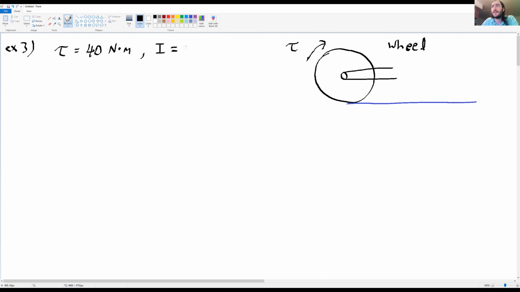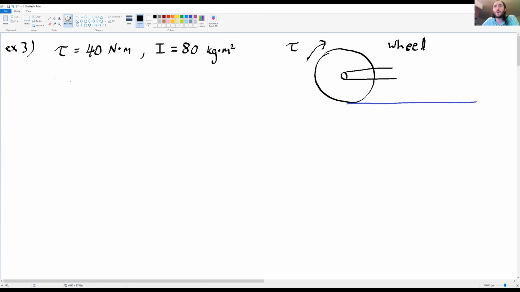We're going to say that the moment of inertia here is 80 kilogram meters squared. Again, another bizarre set of units, but remember, moment of inertia is like mass times radius squared, so that's kilograms times meters squared.